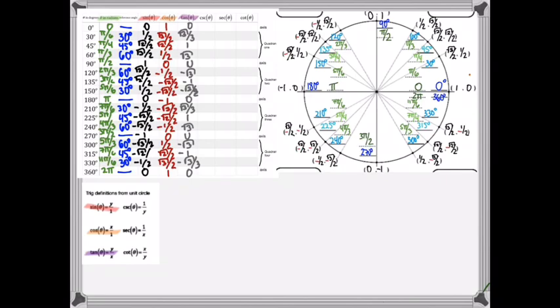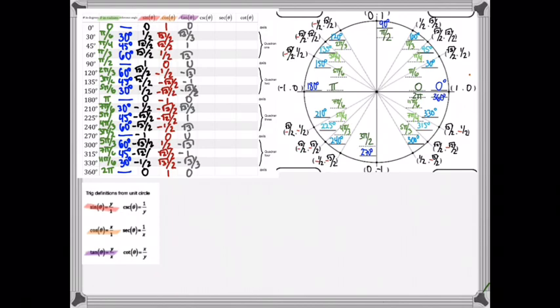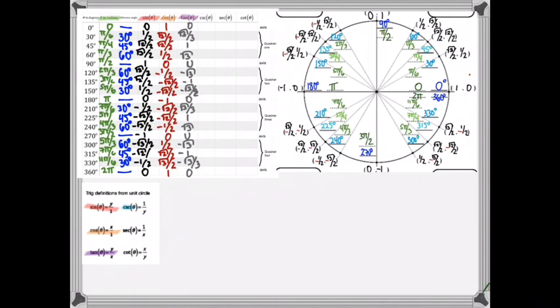Okay, and so what we're going to do next is I'm going to introduce how to deal with the reciprocal functions. The reciprocal function for sine is cosecant. That means we take what it equals, which is y over 1, and change it to 1 over y.